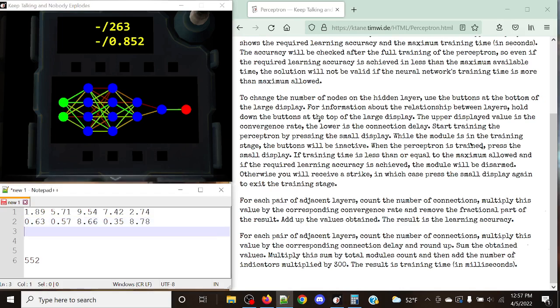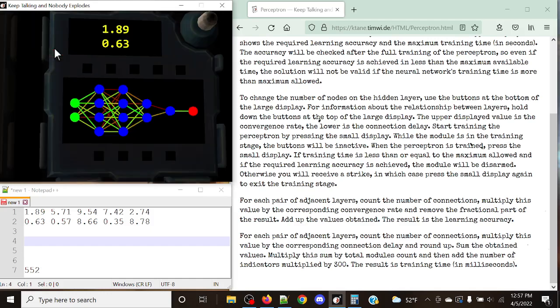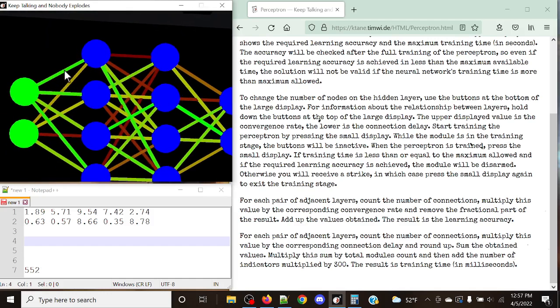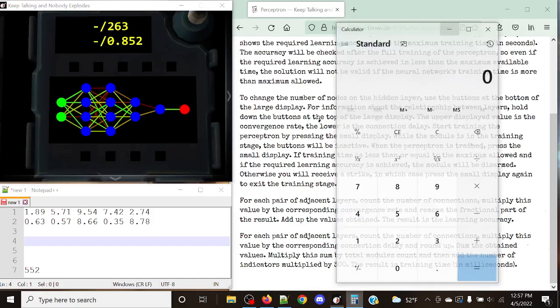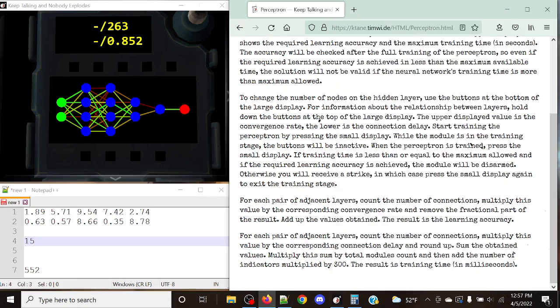So let's just start doing math. Let's start with the first three layers because those are really good ones, and I think we can confirm that we want to use these as much as we possibly can. So we currently have on the first layer, for the 1.89, a series of 8 connections. 1.89 times 8 is going to be a 15, because remember we're getting rid of our fraction for the learning accuracy.